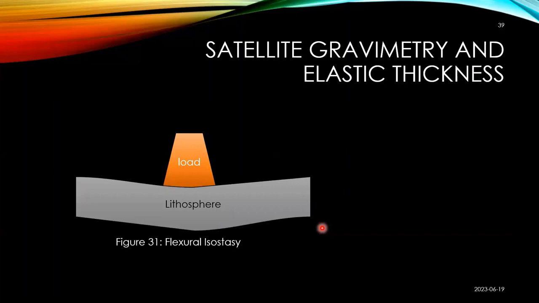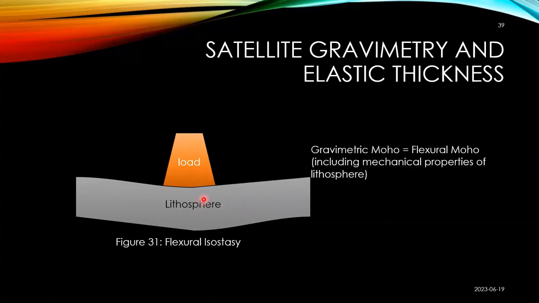Another thing studied by satellite is elastic thickness. What is that? The thicker the lithosphere is, the less bending we have. If we have a load here and the lithosphere is thinner, it will bend more than if it is thicker. That's the principle.